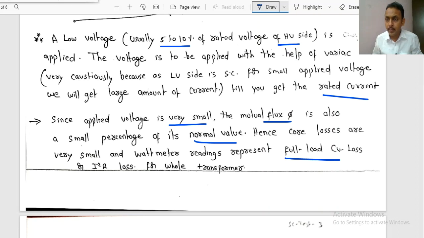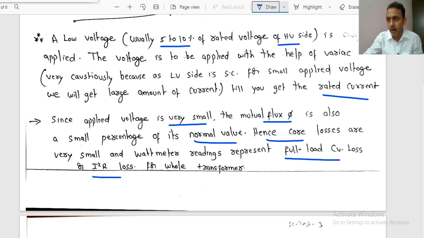If you observe in the open circuit test, as there is no load, whatever losses have occurred represent the core losses. Here in this short circuit test, the core losses will be very small. The wattmeter reading will represent the full load copper loss or I square R losses for the whole transformer.